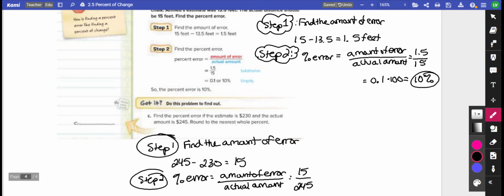So when I find 15 divided by 245, that gives me 0.612. It continues from there, but I'm just going to use this. Multiplying that by 100. To the nearest whole percent, this is a 6% error.